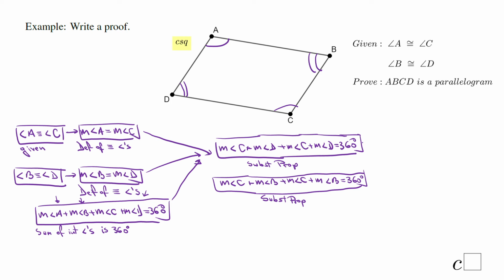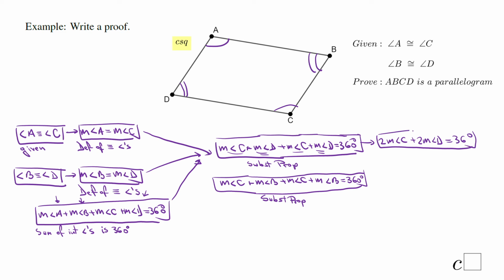And for me, it's some kind of an algebraic step. So on the first one here, I'm going to write twice the measure of angle C, right? You see you have twice the measure of angle C here, plus twice the measure of angle D equals 360, right? And what did we do here? We add, right?